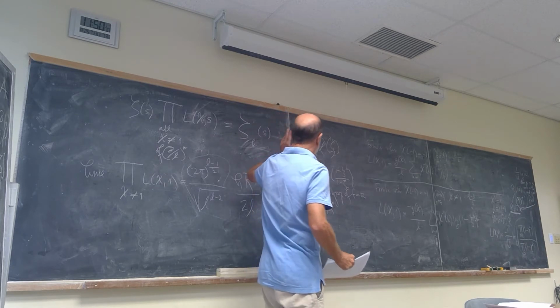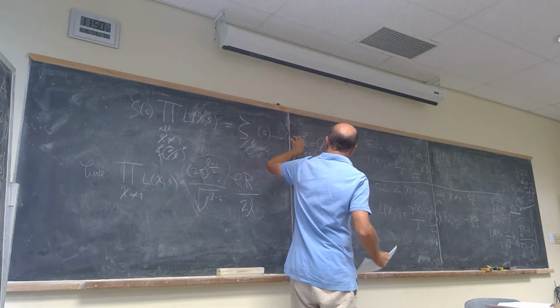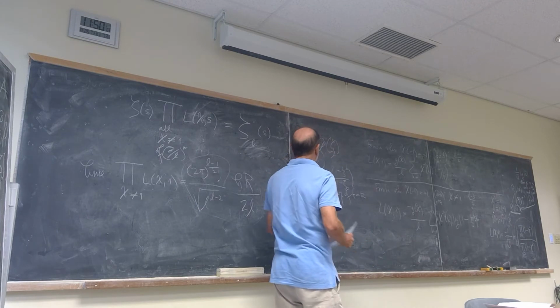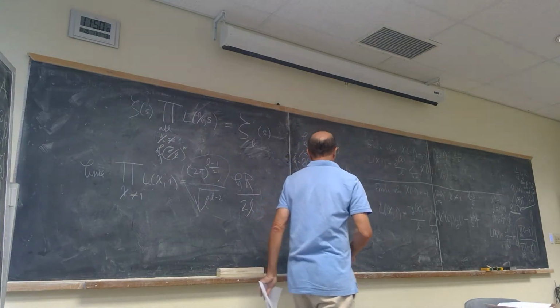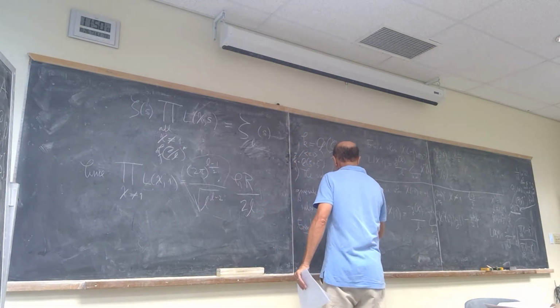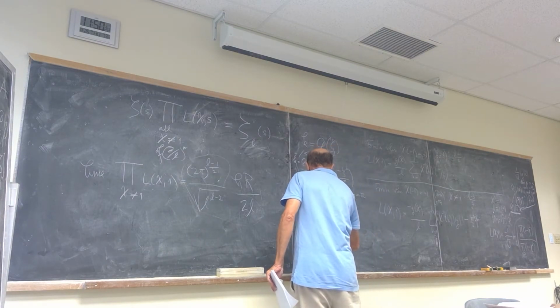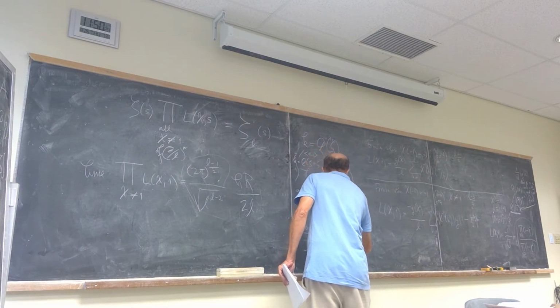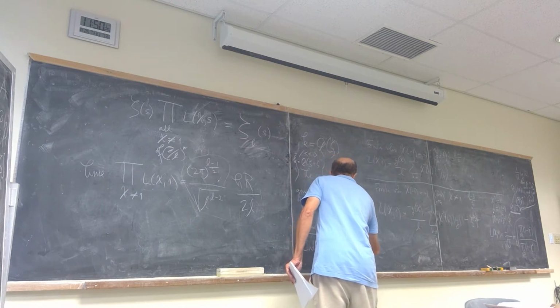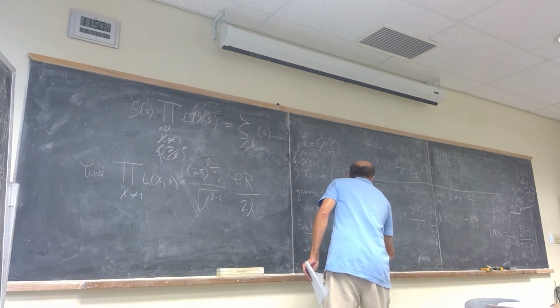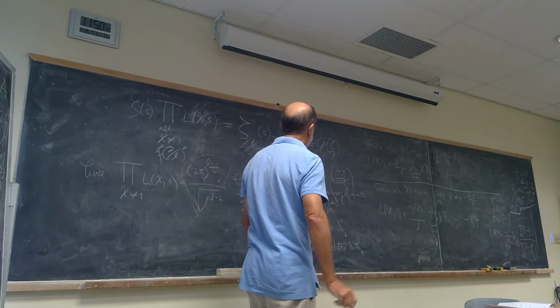In fact, you can set up these circular units so that they lie in this subfield, and then they generate a subgroup of finite index in A star plus, and the index is related to the class number of the real subfield.